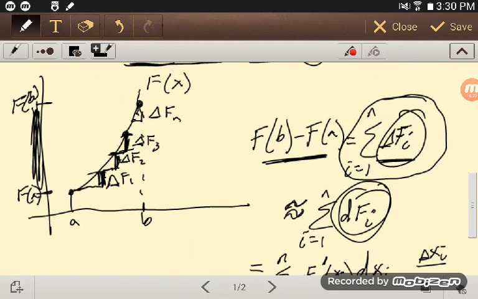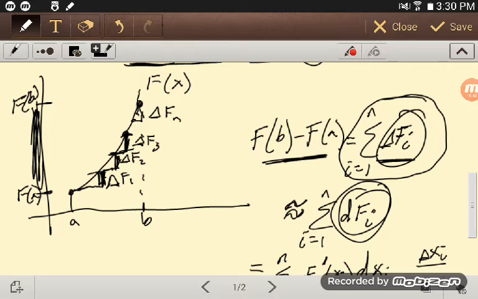There's nothing here that says we're talking about area or anything like that. So, area is an interpretation of the definite integral and the fundamental theorem of calculus and so forth, but it is not the definition. It's an interpretation. And it's a darn nice interpretation.